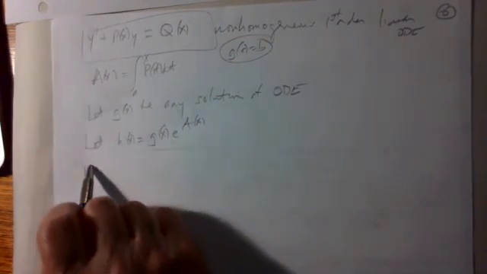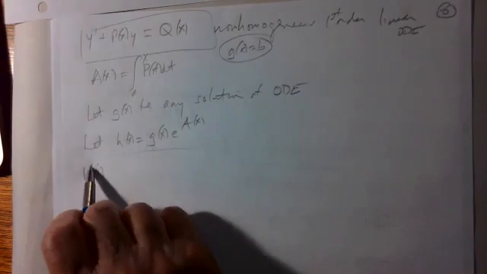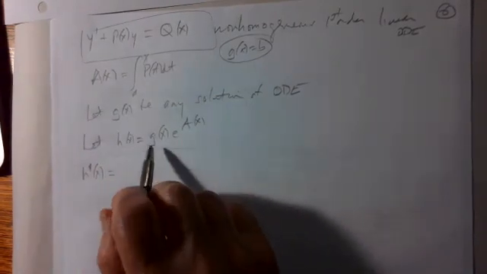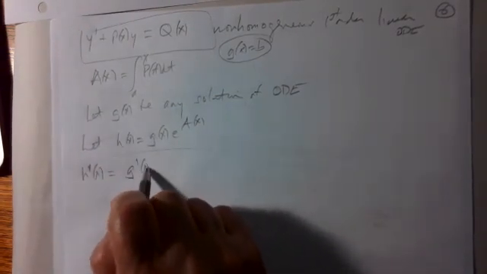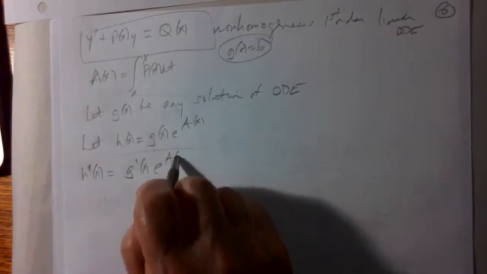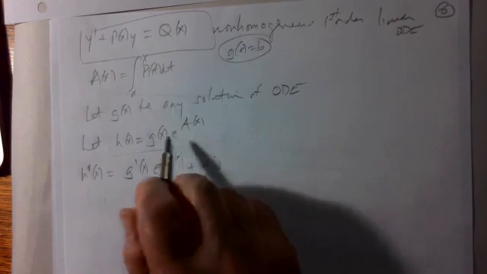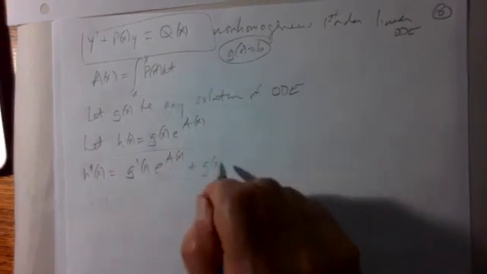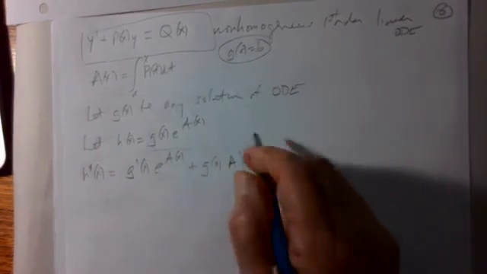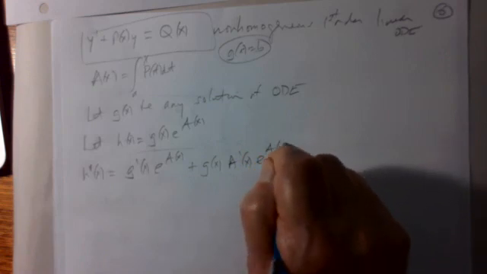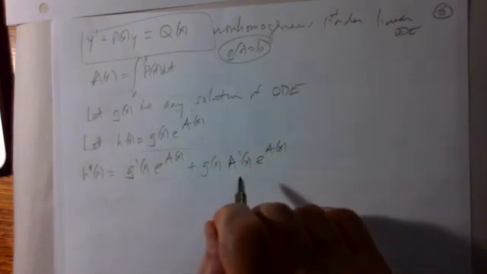Differentiate. The derivative h prime of x by the product rule is g prime of x e to the A of x plus g of x times the derivative of e to the A of x, which is A prime of x e to the A of x.